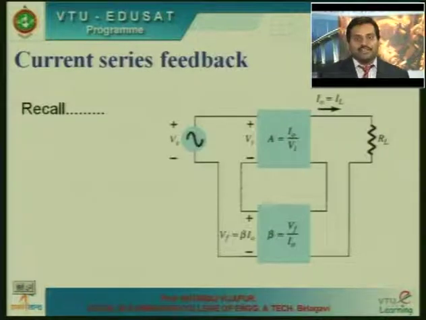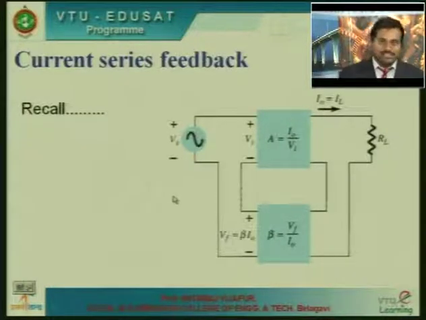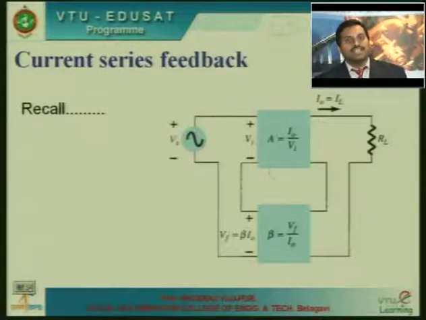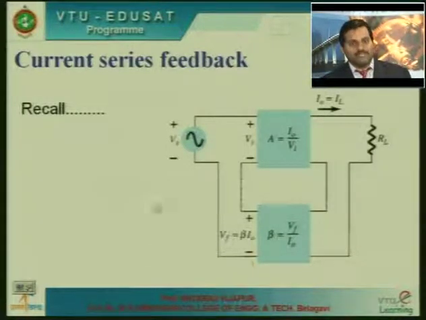Recall the previous session, where we discussed the current series feedback topology. It consists of an amplifier A, a feedback network beta, an input voltage source Vs, and a load impedance RL.